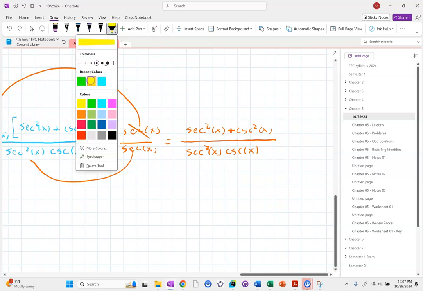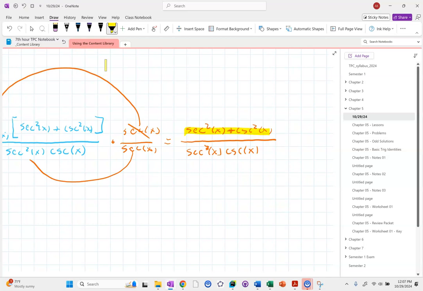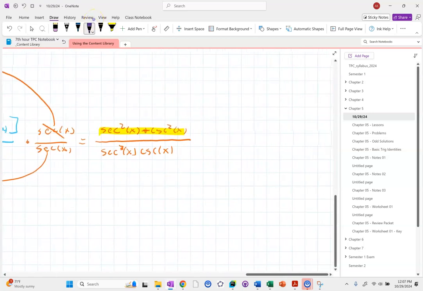This is what I would say. That stuff needs to get combined together. Now, they're not like terms the way they're currently written. So the way that we end up combining them together is we're going to use R4 and R5 to rewrite that as 1 over cosine squared plus 1 over sine squared.